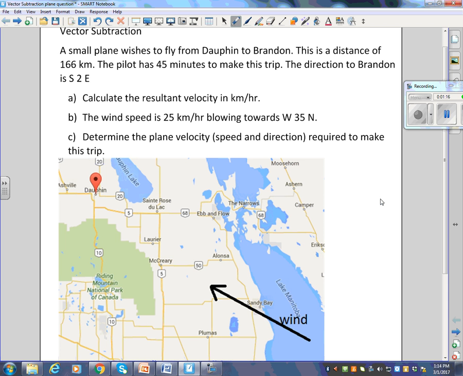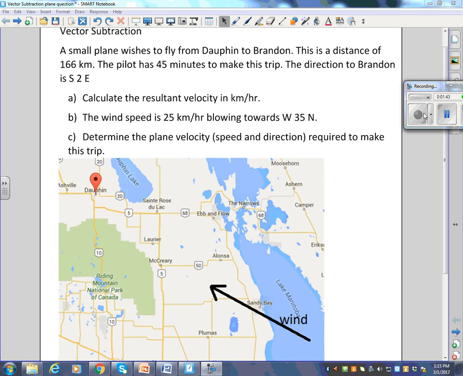So job number 1 is to calculate the resultant velocity. What has to be the overall resultant velocity in kilometers per hour? Go. Do we need the time? You do. Step 1 is just find the resultant velocity. How do you find velocity? I'm looking for the resultant velocity.